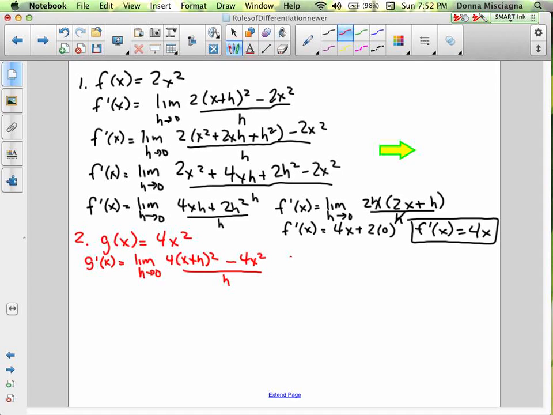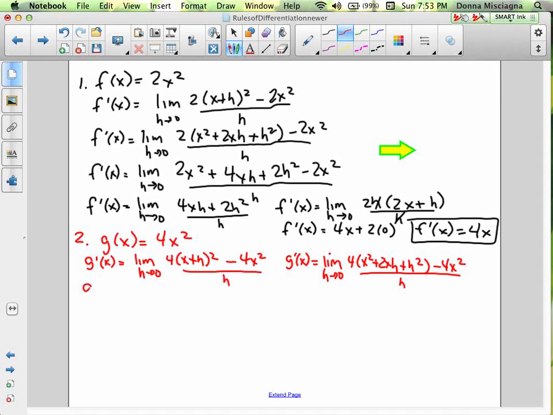So that is g prime of x equals the limit as h approaches 0 of 4 times x squared plus 2xh plus h squared minus 4x squared, all divided by h. So now let's distribute that 4.